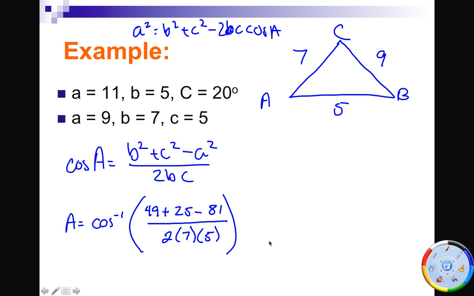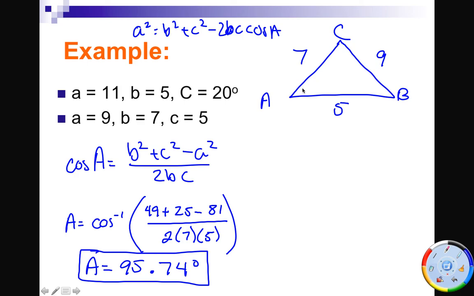And we can go ahead and do that straight. We can say cosine inverse, I'm going to put parentheses for my numerator, so 49 plus 25 minus 81, and I'm going to divide by parentheses 2 times 7 times 5. Close all my parentheses. And I get A is approximately 95.74 degrees.